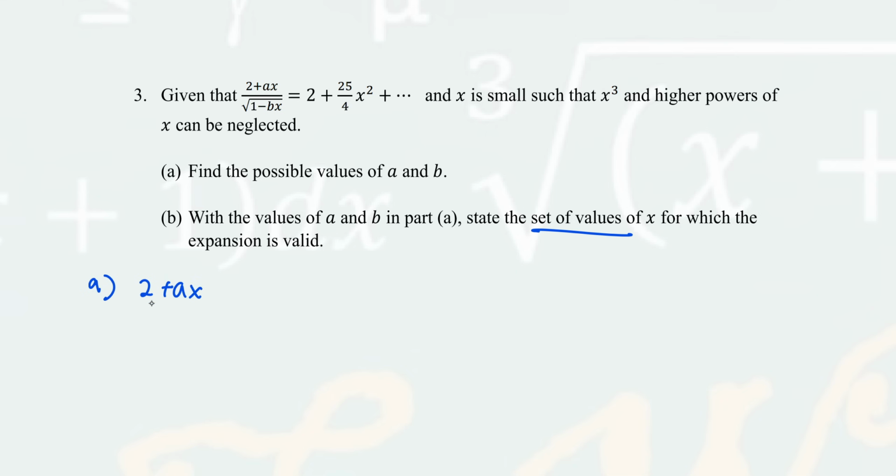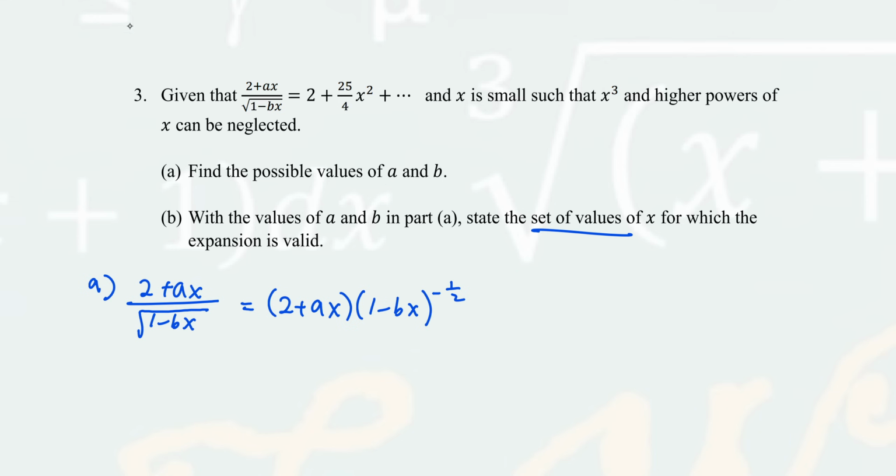2 plus ax over square root of 1 minus bx. Alright, so as usual, since I have the x in the denominator, I will move up. This is 2 plus ax multiplied with 1 minus bx to the power of negative half, because the square root itself is power half. But since this is the denominator, when you move up, it becomes negative degree.